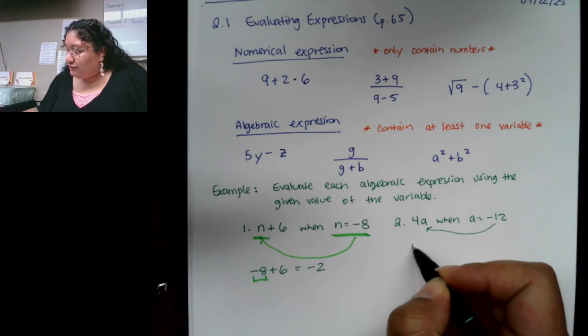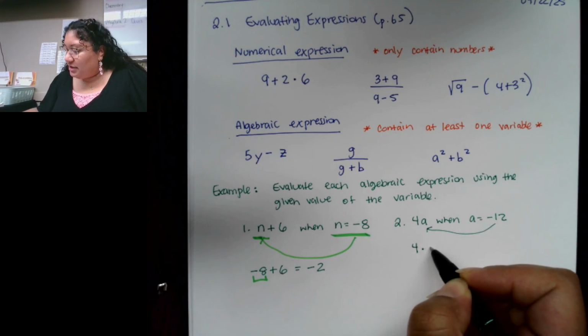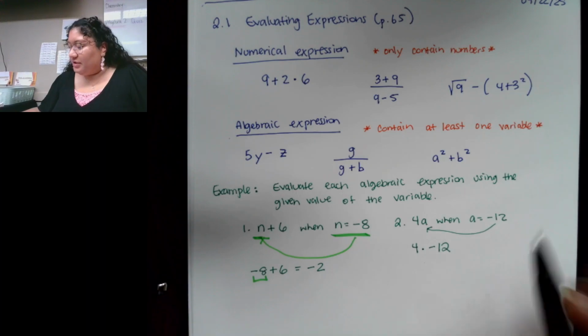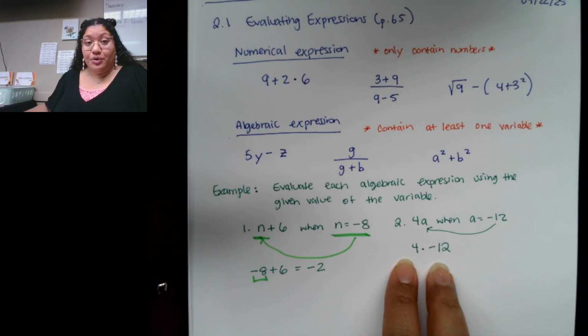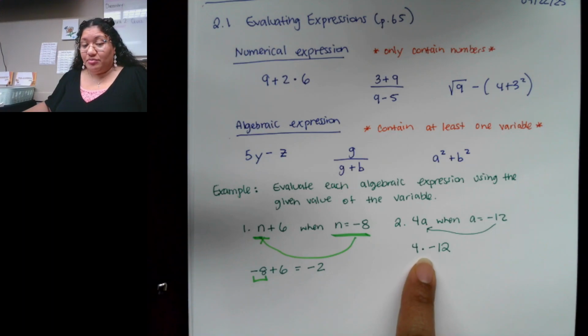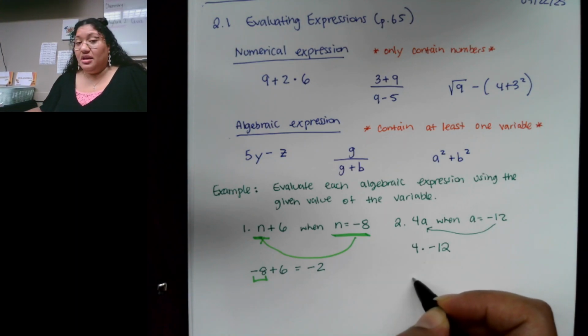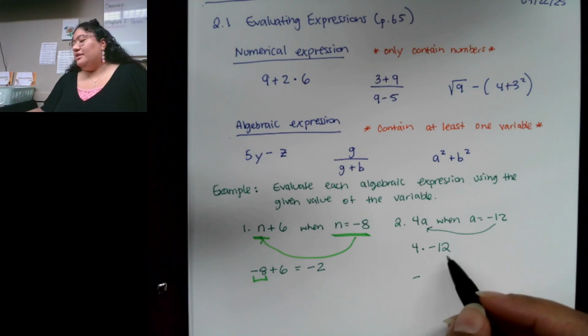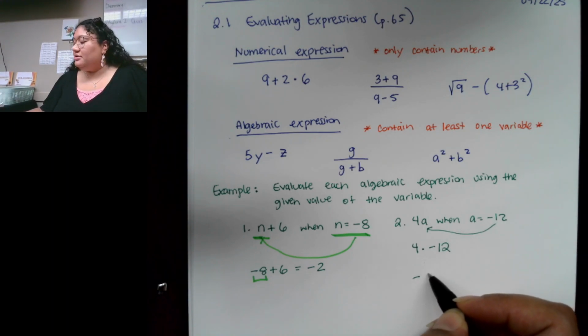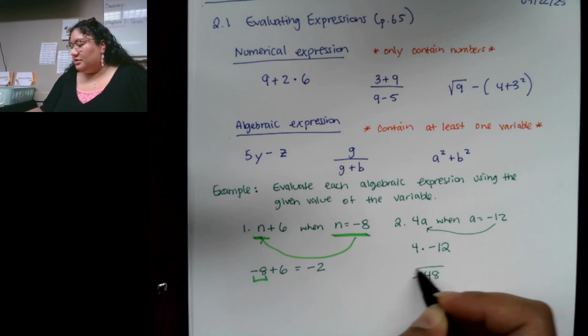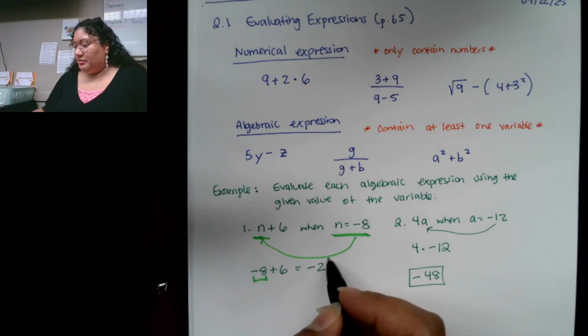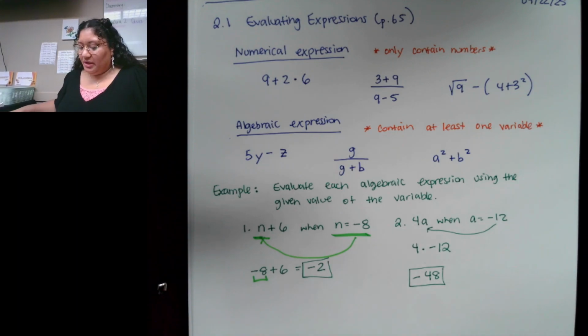So I would do 4 times negative 12. Do I have an odd or an even number of negative signs? An odd. I have one lonely negative number, and the negative number doesn't like to be lonely, so it stays negative. Okay, and then 4 times 12 is 48. So it's negative 48. Let me box this one from earlier.